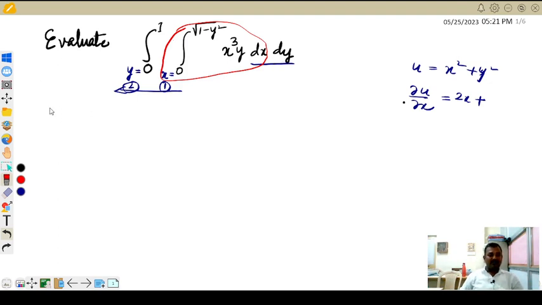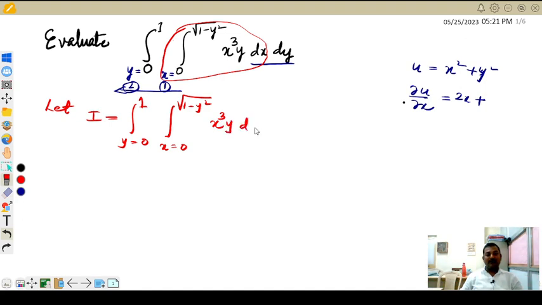Okay, so now let I be equal to the integral where y runs from 0 to 1, and x runs from 0 to square root of 1 minus y square, of x cube into y into dx into dy.